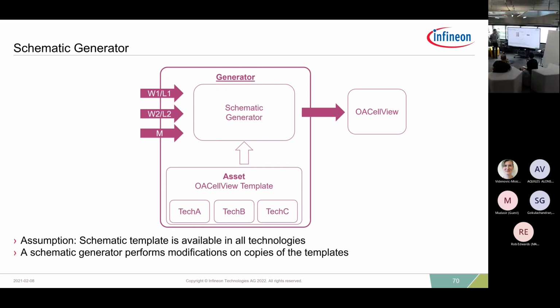Here we propose a very simple schematic generator that takes the template that is already available in the target technology, so that we just have to change, based on the CDF parameters, the values, the parameters of the devices and stuff like that. So the schematic generator just gets some dimensions as an input, and it will output the OA cell view that has been generated.